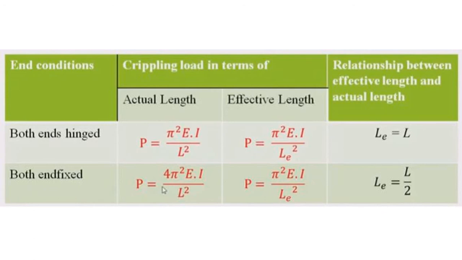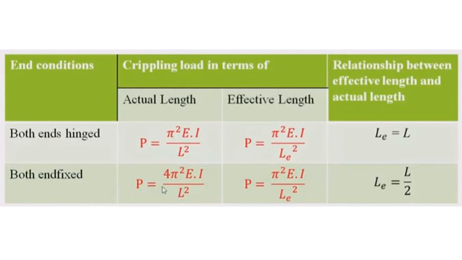In the case of both ends hinged, the relationship between effective length and actual length is LE equal to L, and corresponding to that end condition, the expression for crippling load in terms of effective length is pi square EI divided by LE square, and in terms of actual length is P equal to pi square EI divided by L square. And in the case of both ends fixed, the relationship between effective length and actual length is LE equal to L by 2.